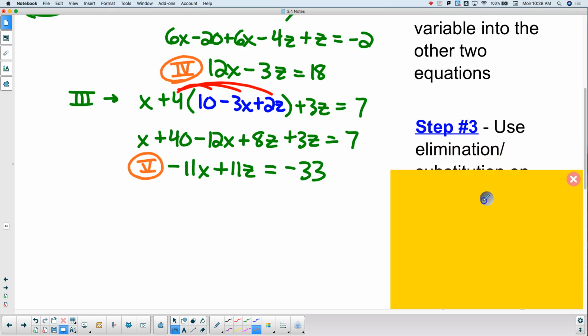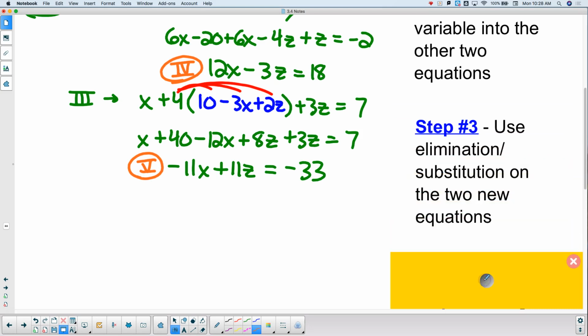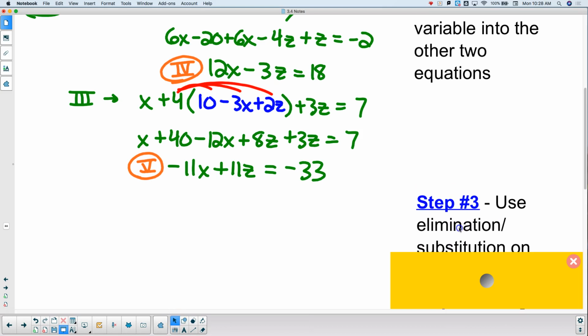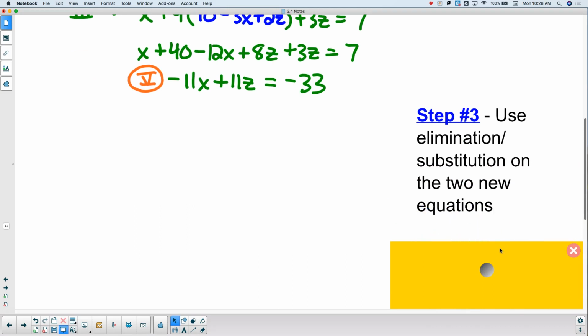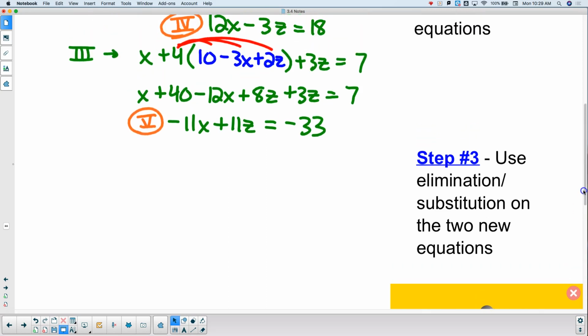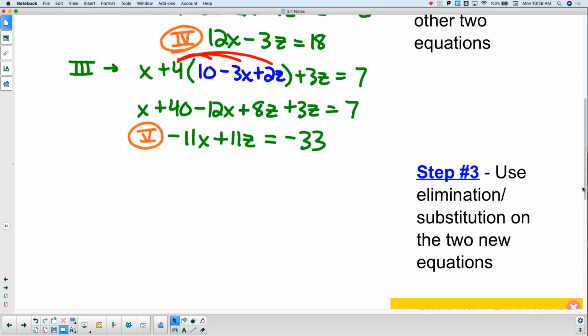My next step now is I am going to use elimination or substitution on those two new equations, and I'm going to solve for those two variables. Okay? What do you want to do?